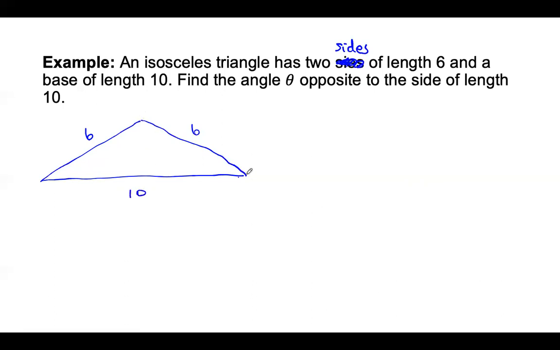So that's the first step. They meet halfway, essentially, the two equal sides.